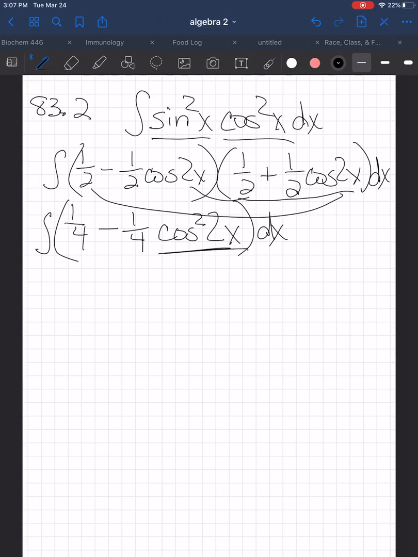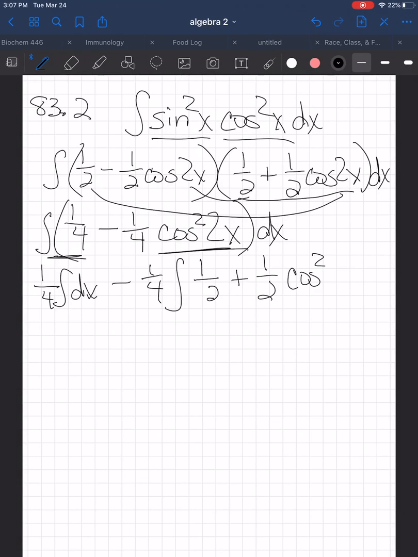So we'll have the integral of 1/4 dx for this right here, then minus 1/4 times the integral of this is 1/2 plus 1/2 cosine of, not 2x, but 4x dx. All right, so the integral of a fourth dx is 1/4 x.